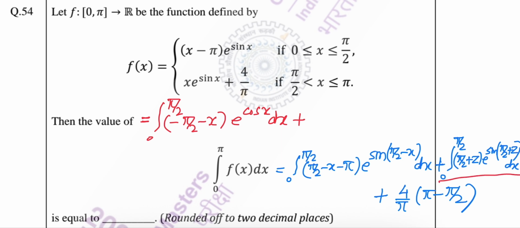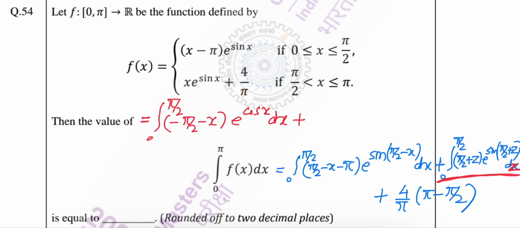Now I am going to write for this one. Here you can write dz, okay, because for the substitution I have assumed x equals pi by 2 plus z, so dx equals dz, okay.